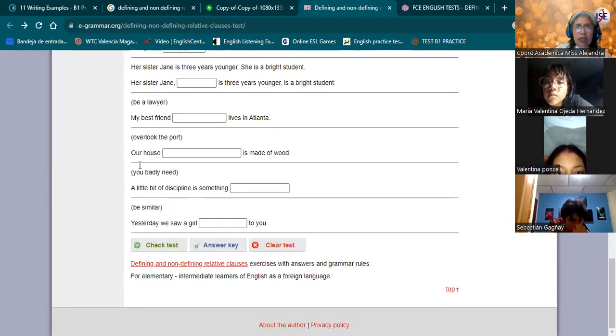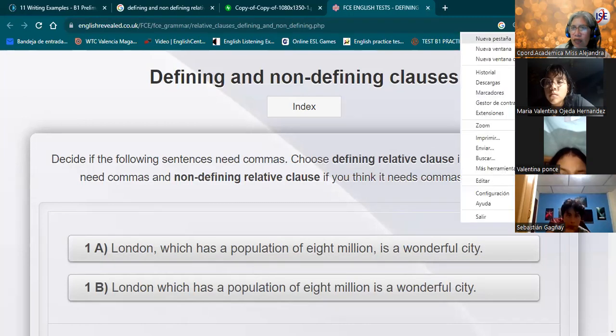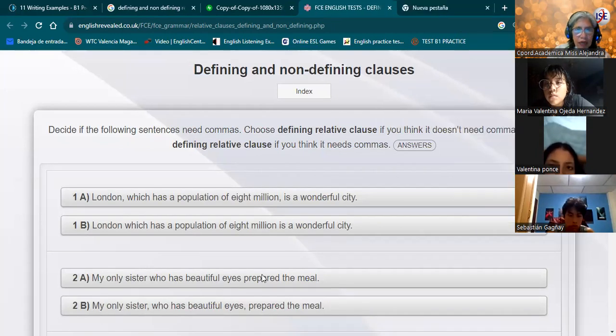Oh, no, let me see if this one, defining and non-defining clauses. Decide if the following are defining or non-defining, okay? Choose the defining if you think it doesn't need a comma, okay?